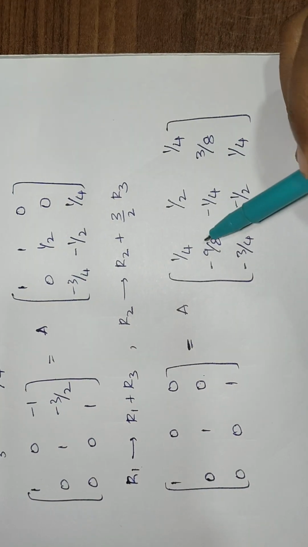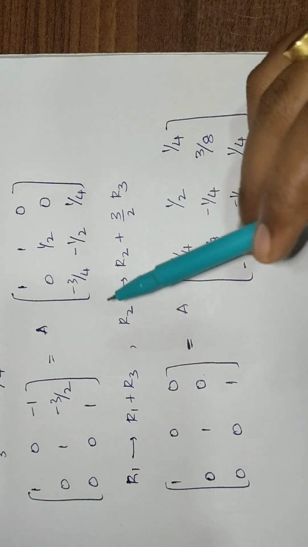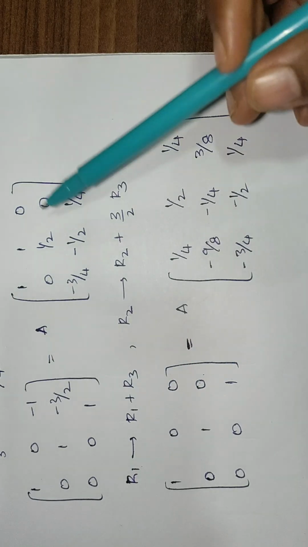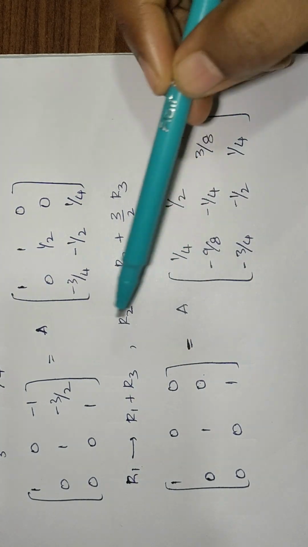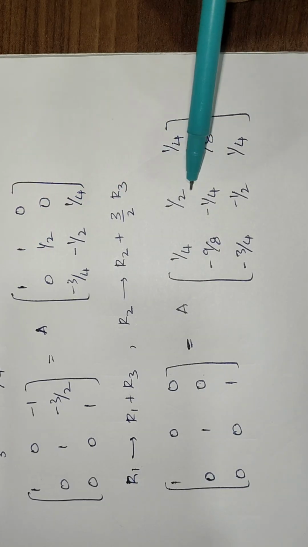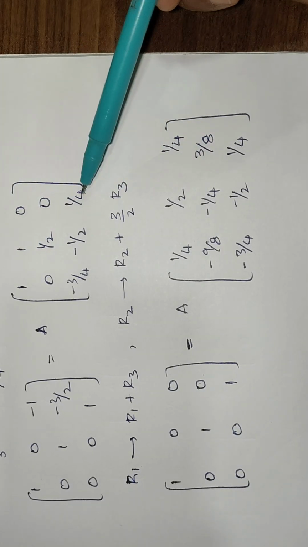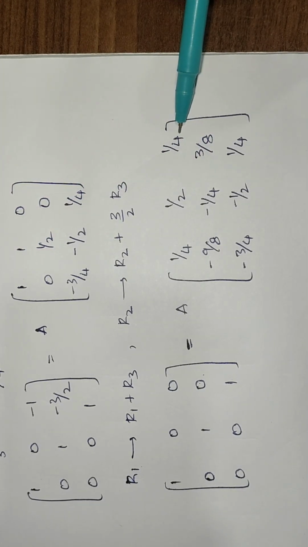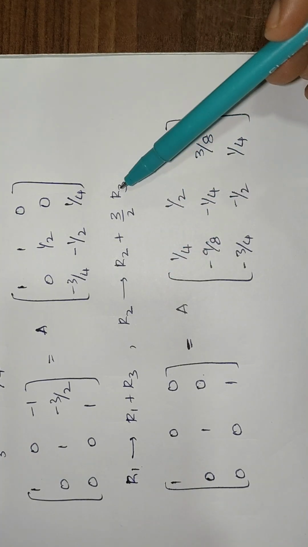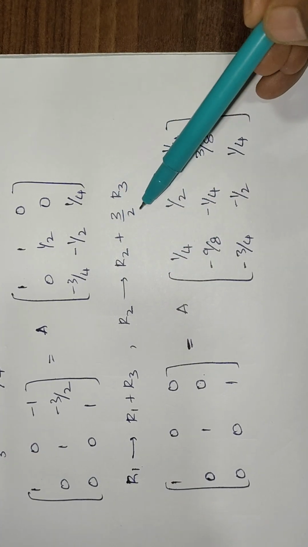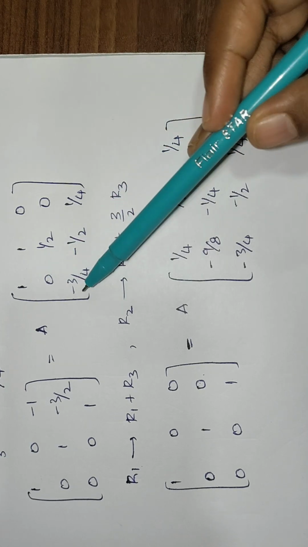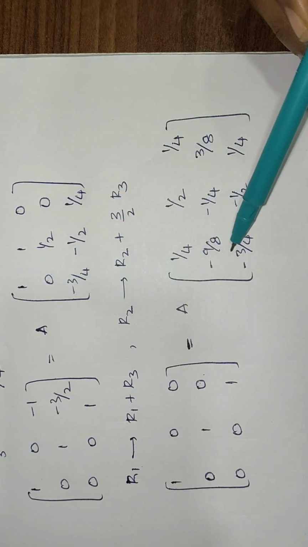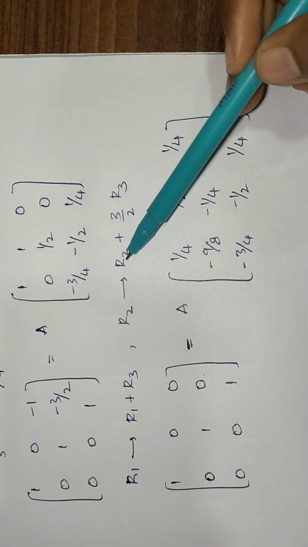On the right hand side, row 1 plus row 3 will be 1 minus 3 by 4, that is 1 by 4. Next it is 1 minus half, it is half. 0 plus 1 by 4, it is 1 by 4. And the second row is R2 plus 3 by 2 R3, that is 0 plus 3 by 2 into minus 3 by 4 is minus 9 by 8.